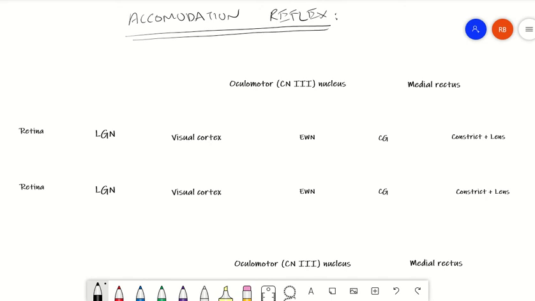So the key thing to know about the accommodation reflex is that it's also consensual, like the consensual pupillary reflex. And the accommodation reflex has three main outcomes.